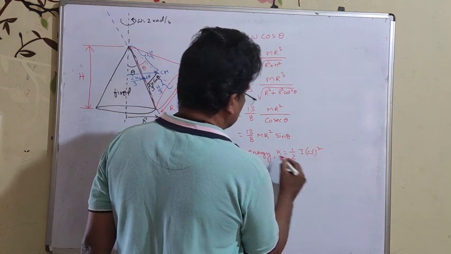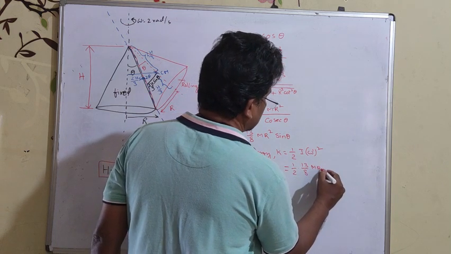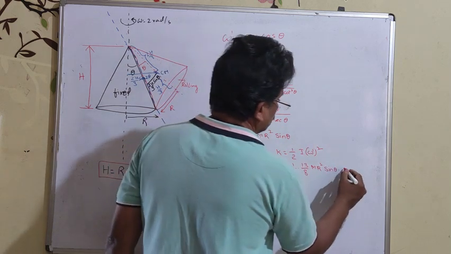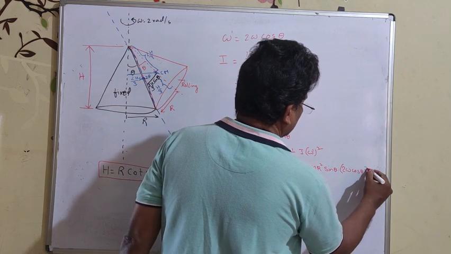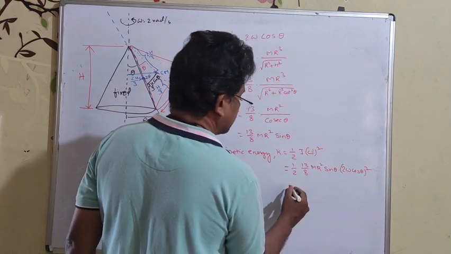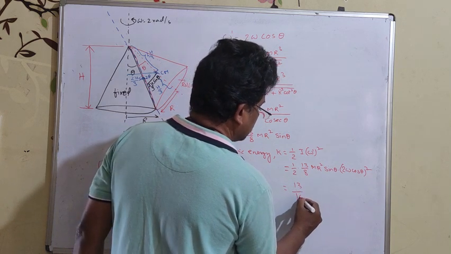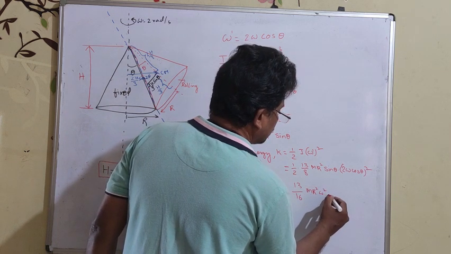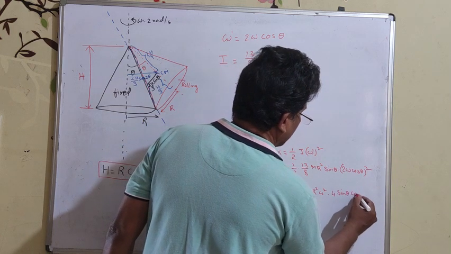Substituting the values, I is 13 by 8 M r square sin theta and omega dash is equal to 2 omega cos theta, whole square. If we write these values, we get 13 by 16 M r square omega square into 4 sin theta cos square theta.